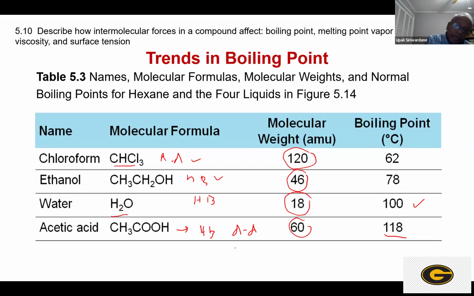Acetic acid has hydrogen bonding here, dipole. Therefore, it is much higher. So when you're considering molecular weights and intermolecular forces, it can explain the trends in boiling points.